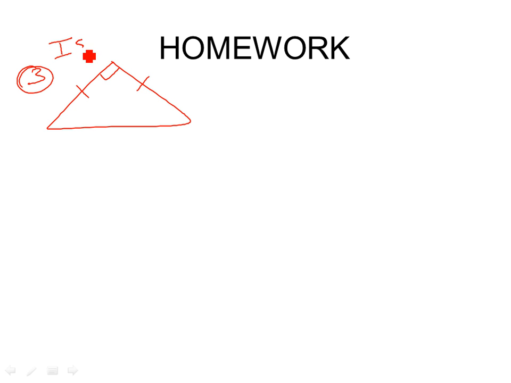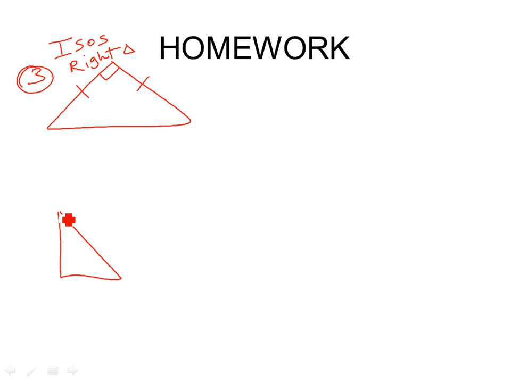This triangle, how creative math people are, could be called an isosceles triangle. It could be called a right triangle. Guess what it's called? An isosceles right triangle. I'm going to tell you this now, and we'll set up another equation in a minute.